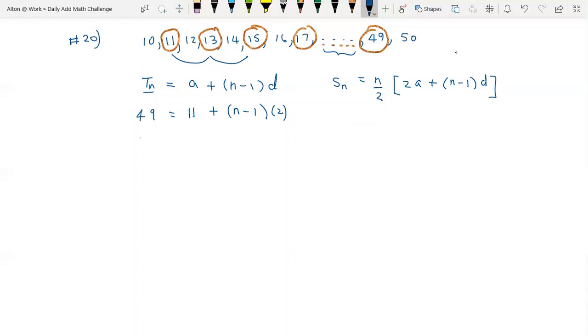So when we expand this and simplify, we're going to get 49 equals 11 plus 2 by n, 2n minus 2.